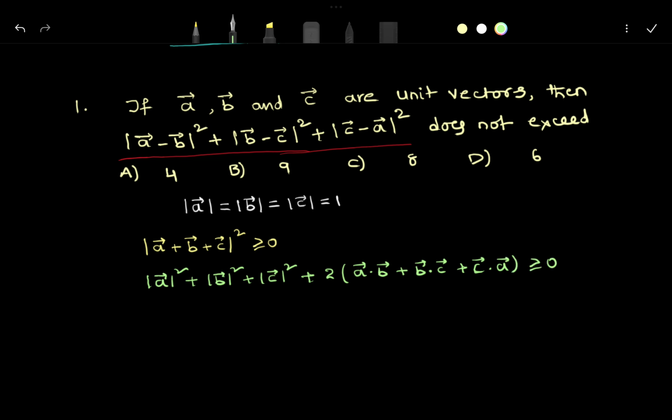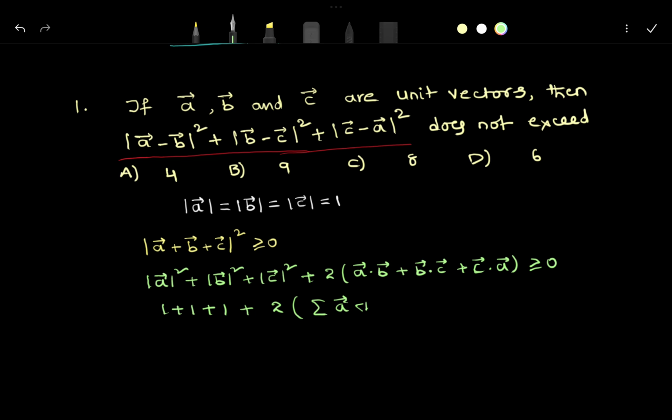Now what are the magnitudes of a bar, b bar, c bar? 1. So this value will be 1 plus 1 plus 1 plus 2 into sigma a bar dot b bar.